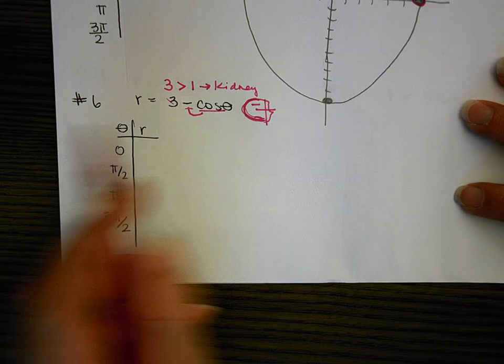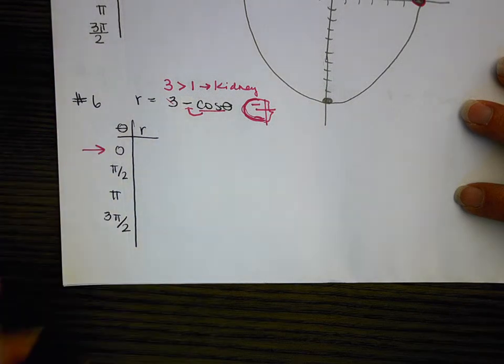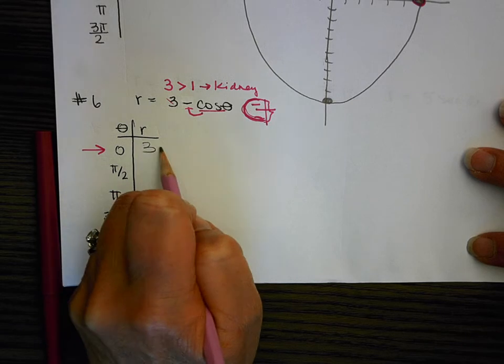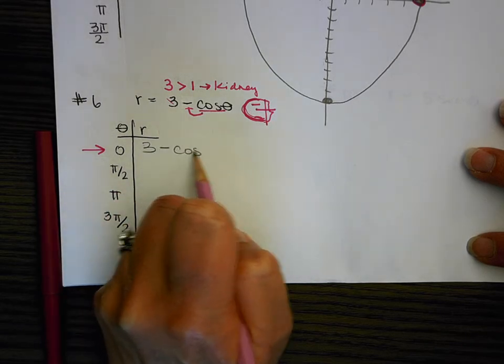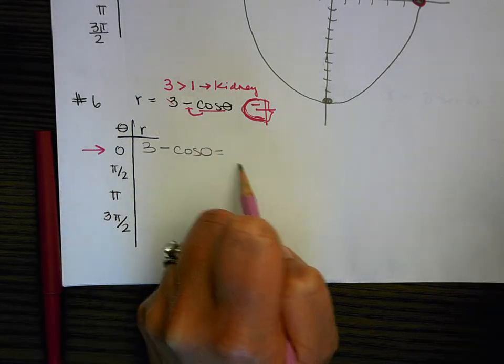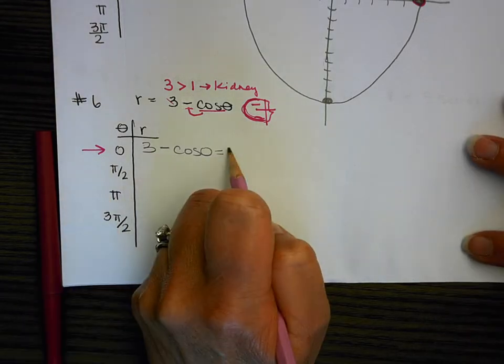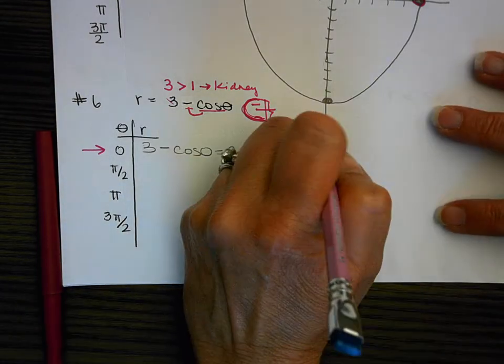Again, you always want to make sure you're evaluating at least at 0 so you know where that start point is. So this will be 3 minus cosine of 0, and I know cosine of 0 is 1, so 3 minus 1 would be 2.